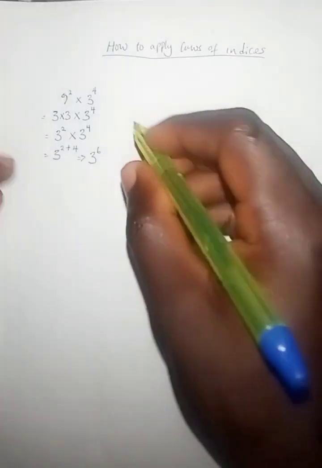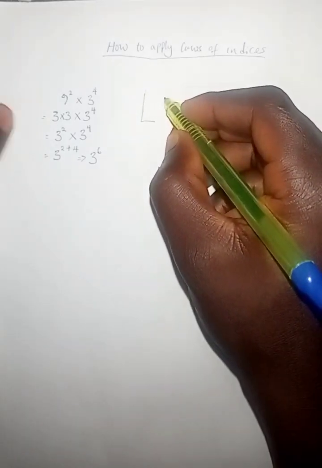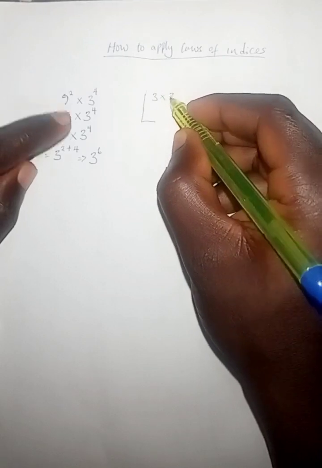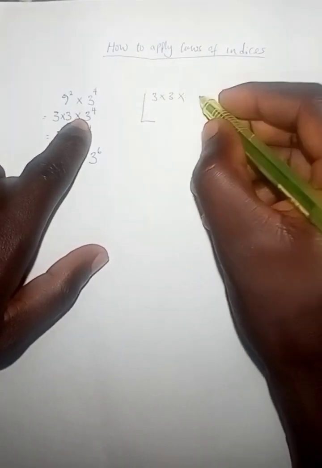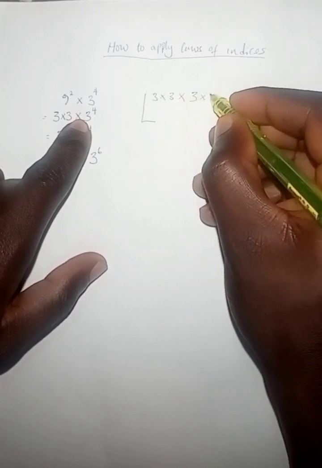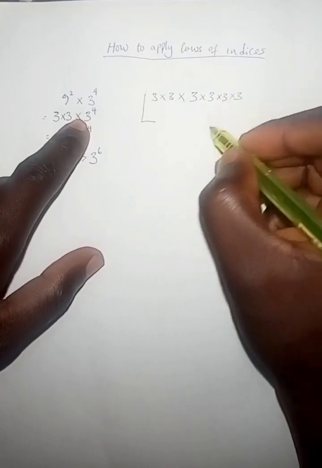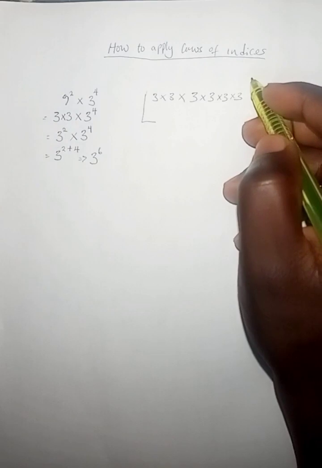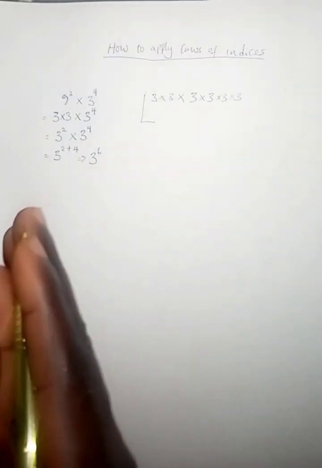Even if we are confused, we can go by checking like this. From here we have 3 times 3, then times 3 to the power of 4, which is 3 times 3 times 3 times 3. We'll have 1, 2, 3, 4, 5, 6. But we can just use the law very easily. Just pick one of the base, add up the powers.